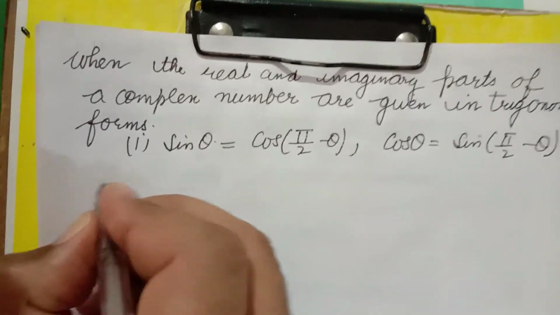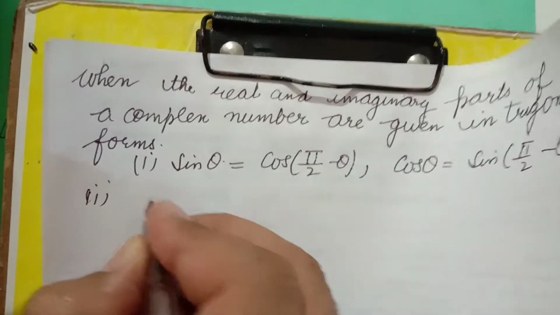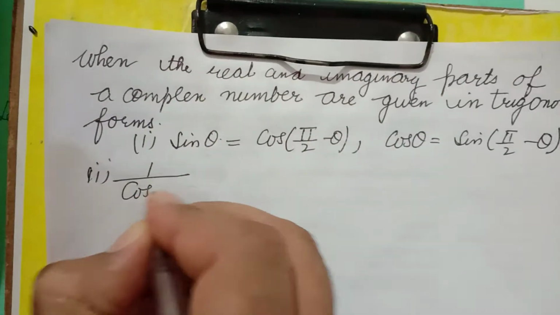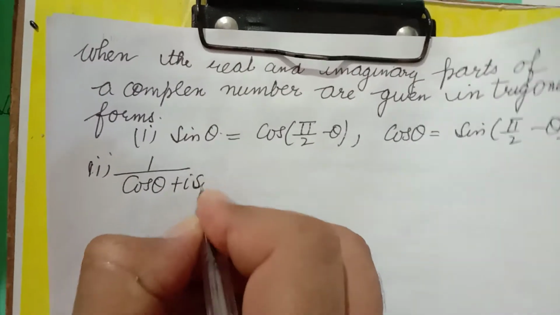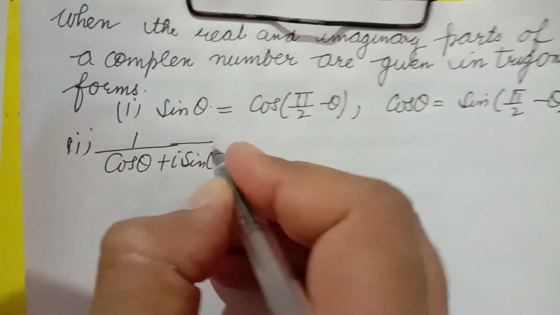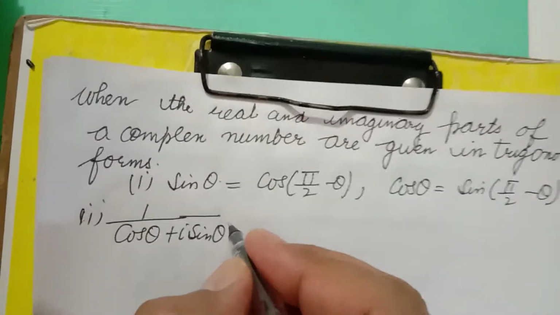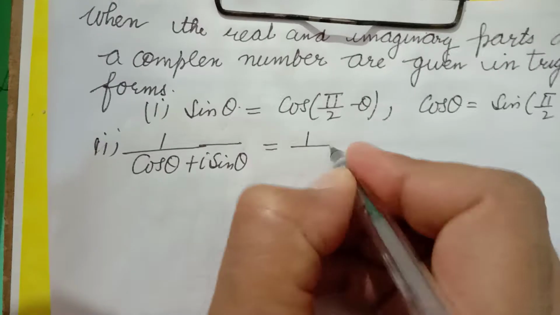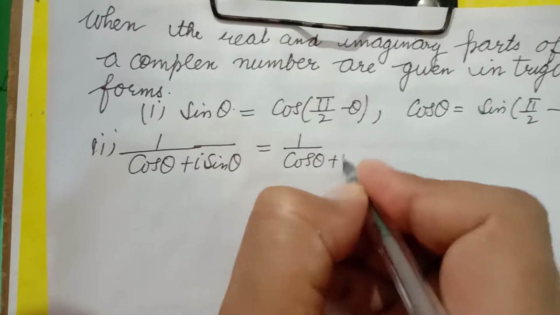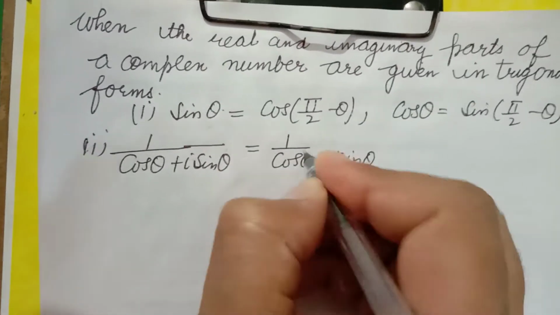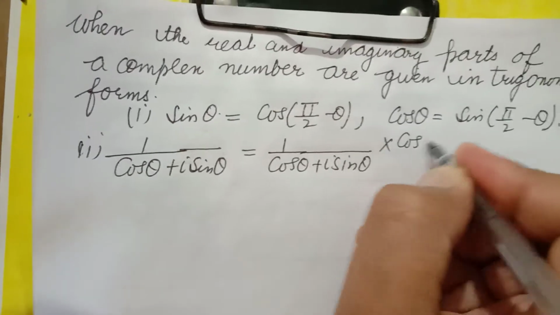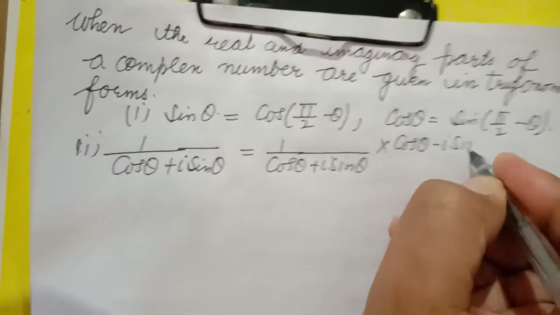Or in other forms, if we are given 1 upon cos theta plus iota sine theta, so what will you do here? In this case, firstly we are rationalizing. So 1 upon cos theta plus iota sine theta can be multiplied with cos theta minus iota sine theta.